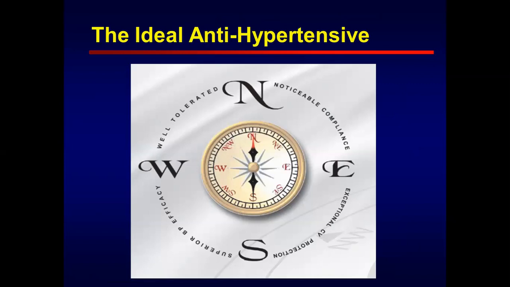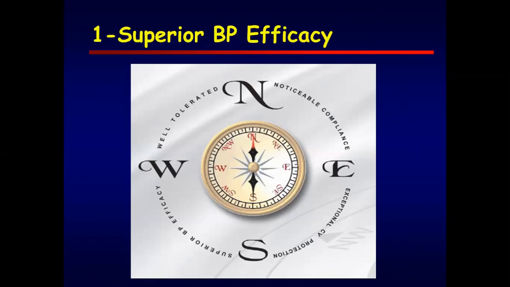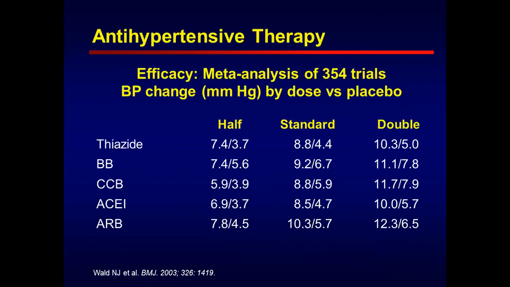The ideal antihypertensive has superior efficacy, but when we tested the different classes of antihypertensives, thiazide diuretics, beta blockers, calcium channel blockers, ACE inhibitors, and ARBs, we found out that they are not different in their efficacy on blood pressure lowering. They are all effective in lowering the blood pressure.